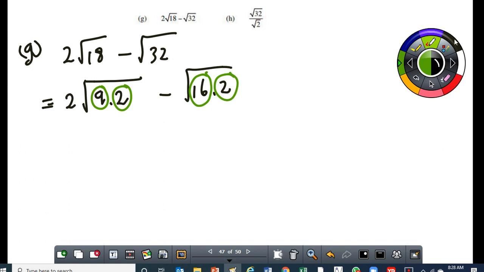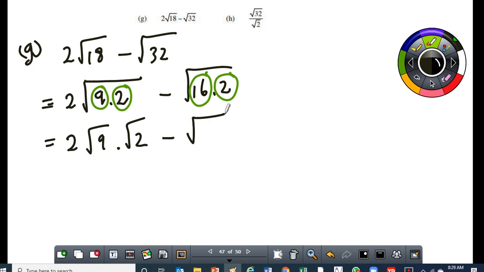Then the next thing, I have to use the multiplication law of surds. Okay? If I'm multiplying two numbers like that, I can split them. Remember, this 2 is multiplying everything inside the square root. So I can write this as 2 square root of 9 times square root of 2 minus the square root of 16 times the square root of 2. Okay? Then when I get here, because the square root of 9 is an integer, it's a 3.